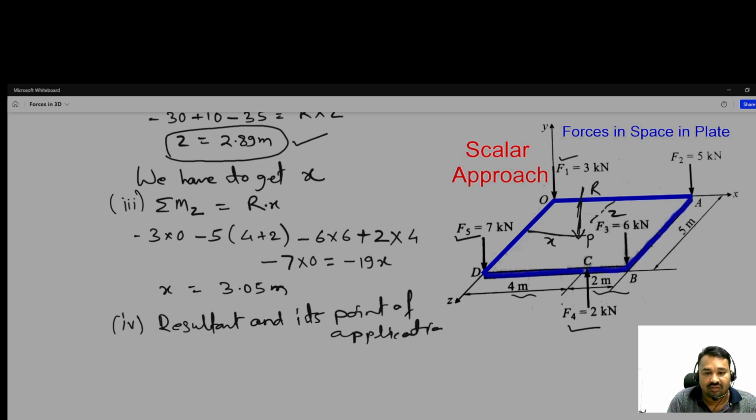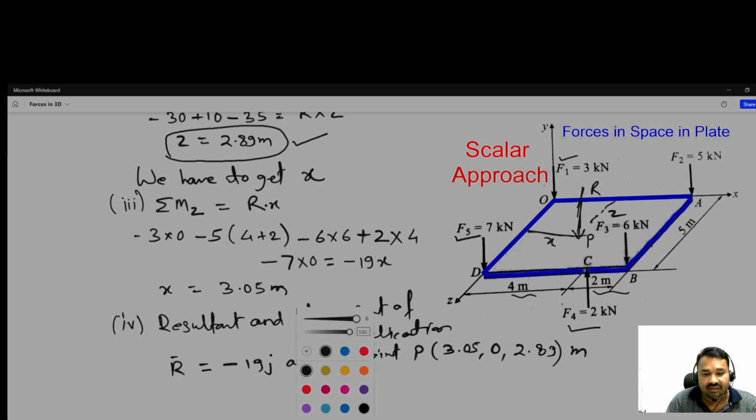So we know R with negative value, and the direction is in y direction. Now we have to write the coordinates of point P, that is 3.05, 0, then 2.89. So this is our final answer.